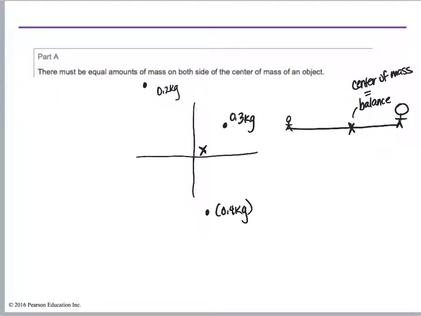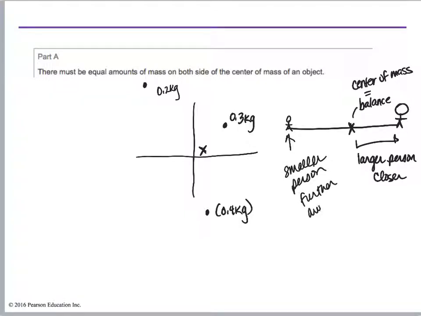Maybe it's someone older than you. The larger person has to go closer, and the smaller person has to go further away. In both these cases, we don't have the same amount of mass on both sides. And so this is not true, because center of mass is a weighted average, and the mass weights the position. It's not just putting the same amount of mass on both sides.